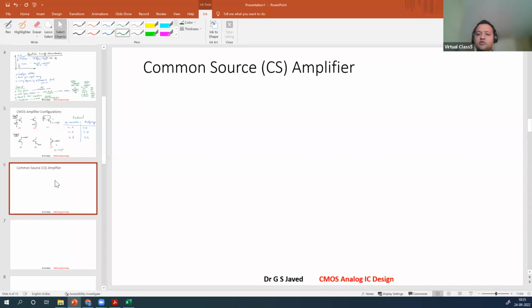Now what happens in a common source amplifier? The input is applied to the gate, output is taken at the load. Now why is this called this? Because as we explained some time back in the two classes before, source terminal is common to both input and the output. And the easiest way of representing this is as follows.